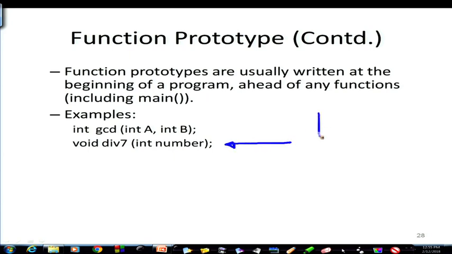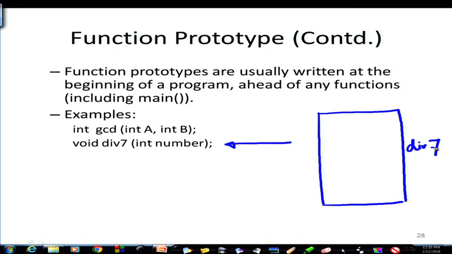So, the prototype tells that it is a function, its name is div 7, you can guess div 7 means it is testing the divisibility by 7, and there is one integer that is being fed and that integer's name is number, and void is a type, that means it is not returning anything. Maybe it is printing something from here, it just takes a number, it sees whether it is divisible by 7 and prints it here, divisible by 7, not divisible by 7, whatever.